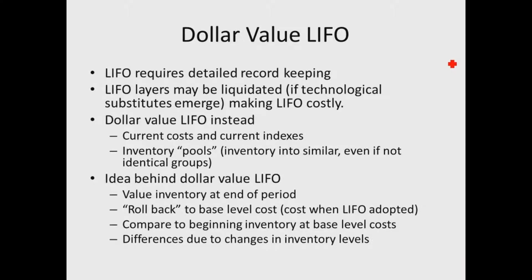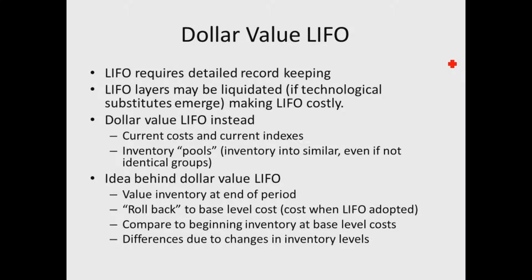Now, you didn't need to know which units you sold, which was easier than, say, specific identification or the perpetual method. But you did need to keep track of both quantities and prices, and you had to remember how many each layer had in terms of quantities rather than just dollars.